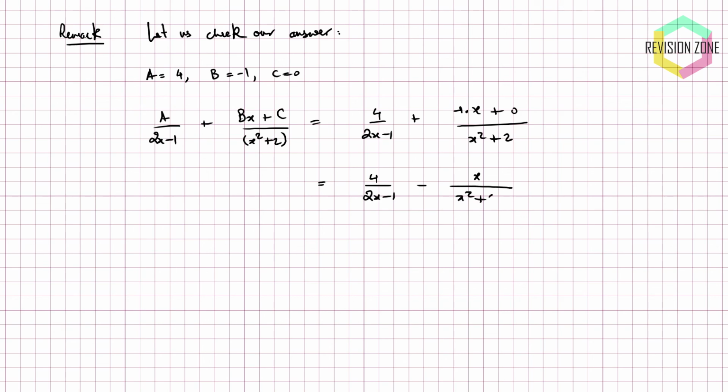So all we want to do is actually combine the thing on the right hand side and then show that it's the same thing that we were trying to simplify initially. Okay, so again, common denominator, so I'm going to multiply the left by x squared plus 2 over x squared plus 2. Let's write that down, and then the other thing is going to be multiplied top and bottom, so x is going to be multiplied by 2x minus 1.